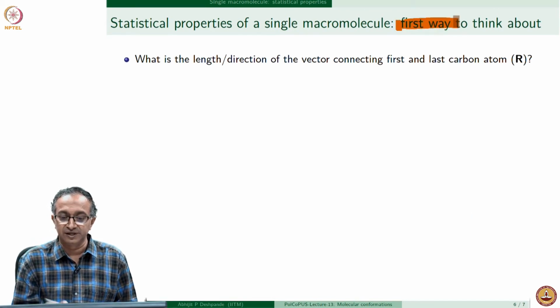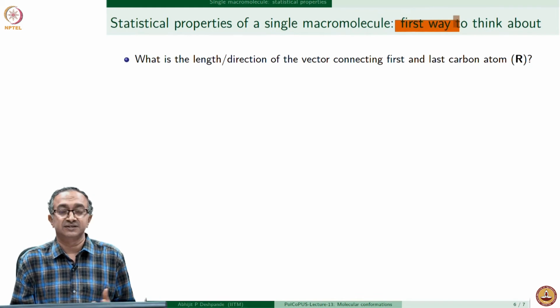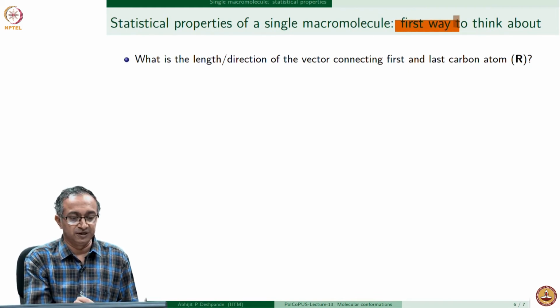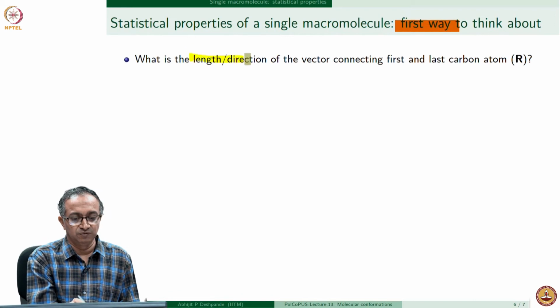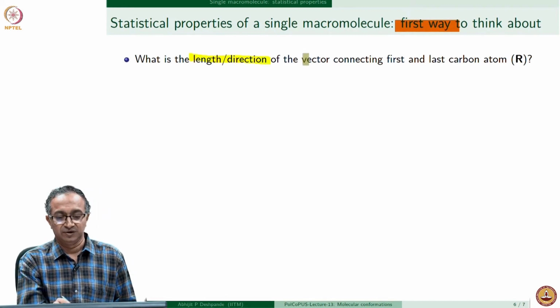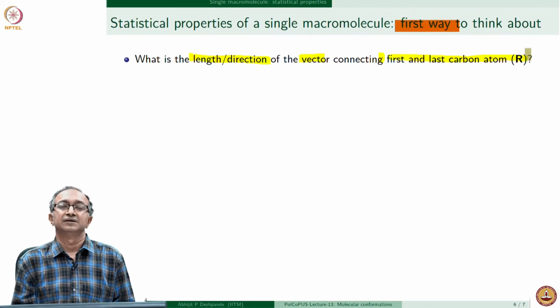So the first way to think about a statistical property of a single macromolecule is to ask the question, what is the length and direction of the vector connecting the first and last unit on the polymer chain? And we saw that this keeps on changing when the conformation changes.